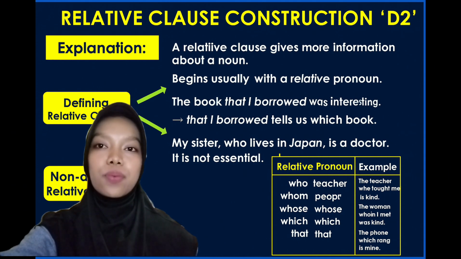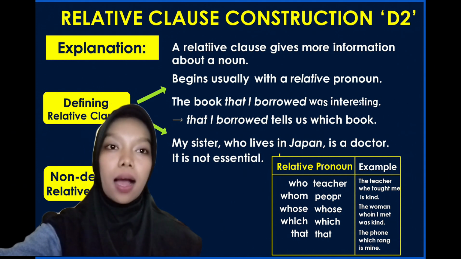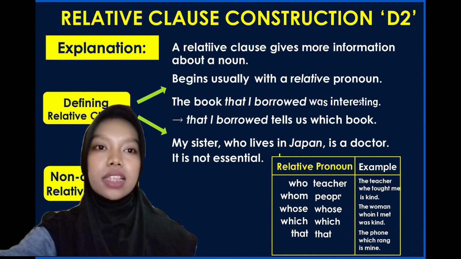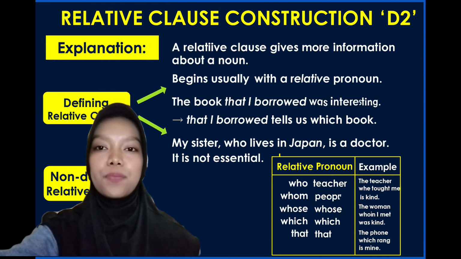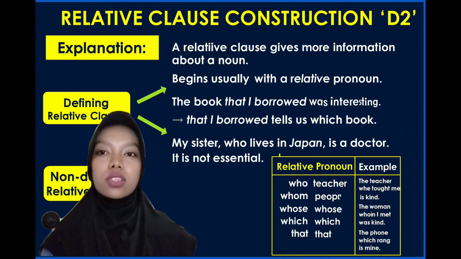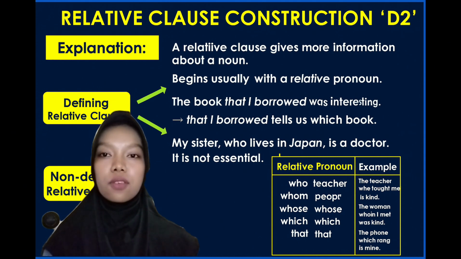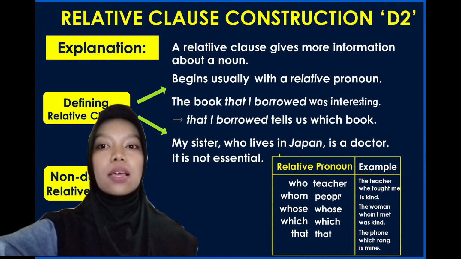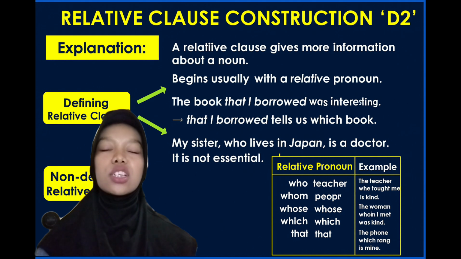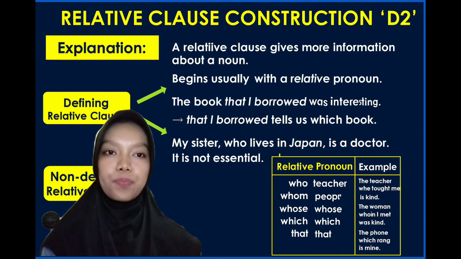Who lives in Japan gives extra info about the sister. It is not essential. Relative pronouns and usage. For example, who for people: the teacher who taught me is kind.